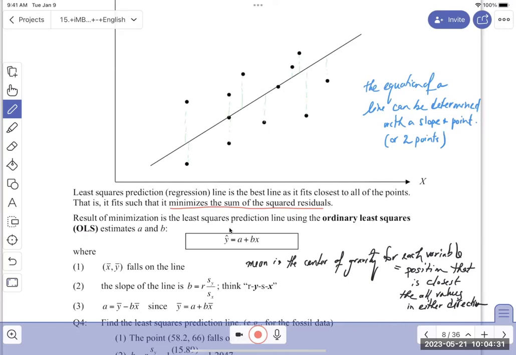So I have a point that falls on the line, and I also have a slope. This is a result of calculus: the slope is calculated as the correlation times the ratio of the standard deviations, but I have to put Y on the top and X on the bottom.